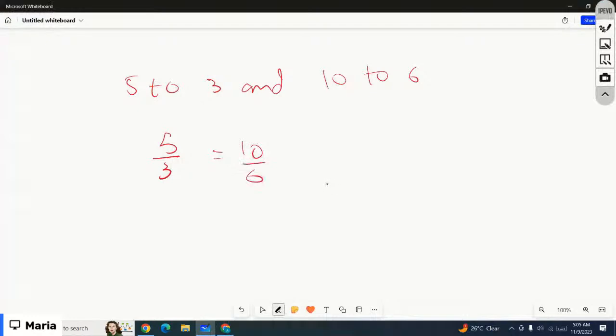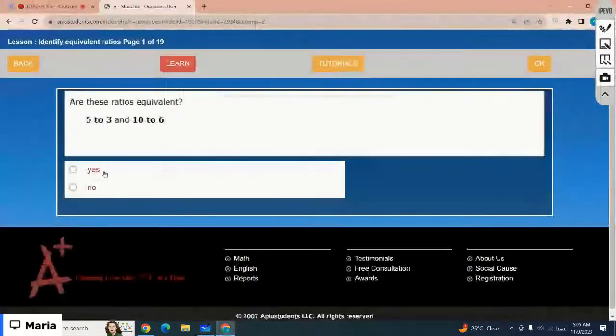So just cross multiply them, right? Just do 5 times 6 and that equals 10 times 3, right? So 5 times 6 is 30 and 10 times 3 is 30. So see, their product is equal. That means they are the equivalent ratios. Got it? So the correct option is yes. 5 to 3 and 10 to 6 are equivalent. The correct option is yes.